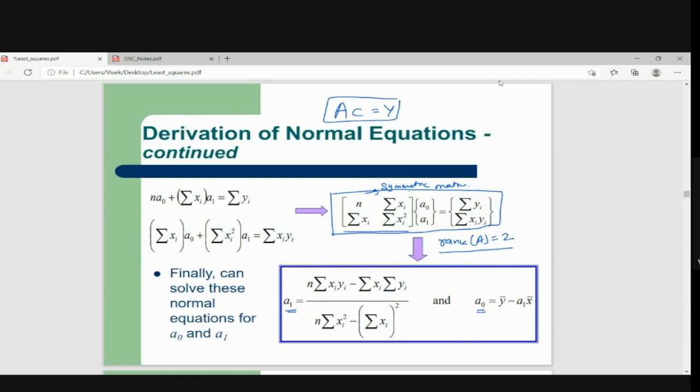Okay, so this value we are getting here, and from here I am able to find A1 and A0. In the next lecture, maybe I will tell you how we can say that this matrix is a non-singular matrix, and because this matrix is non-singular, only then I should be able to find the solution of this one.